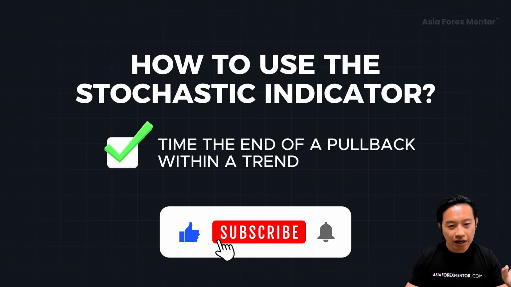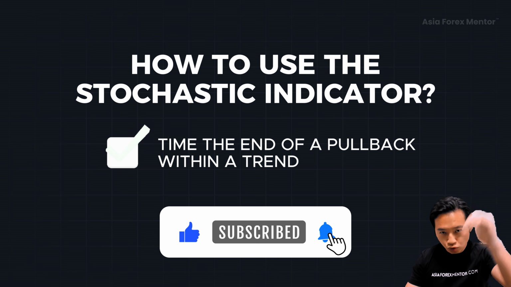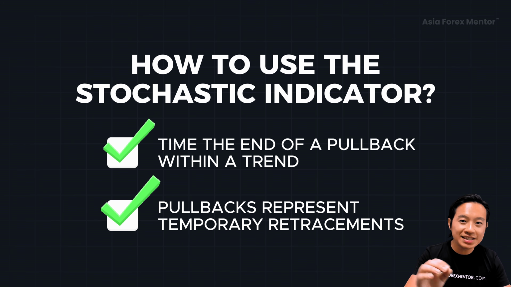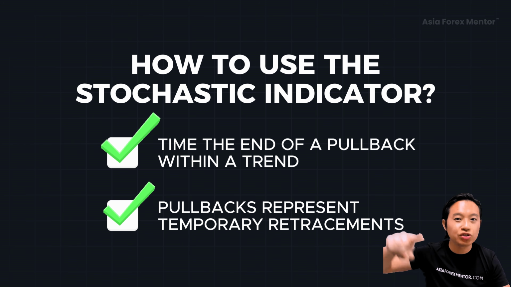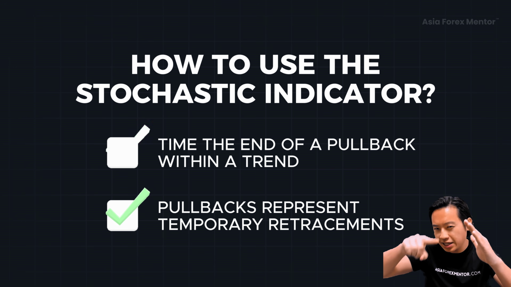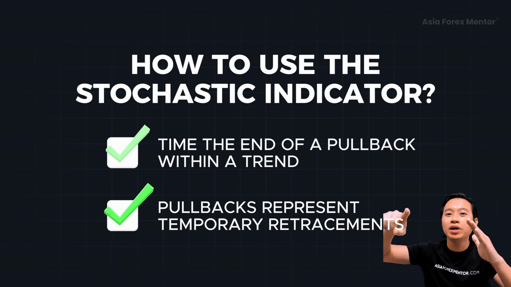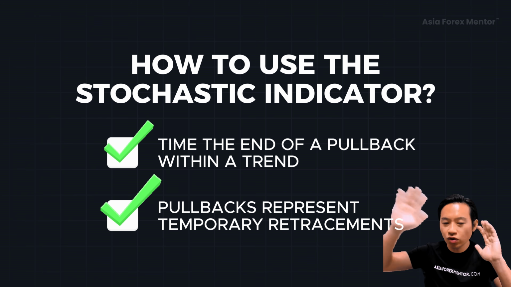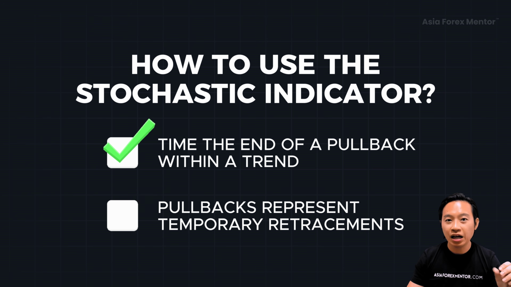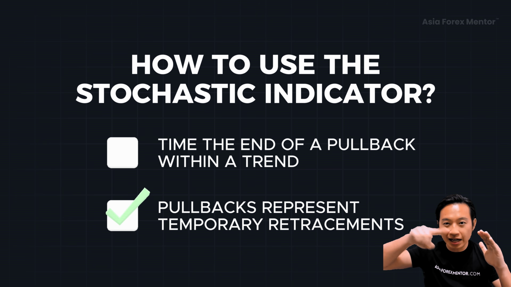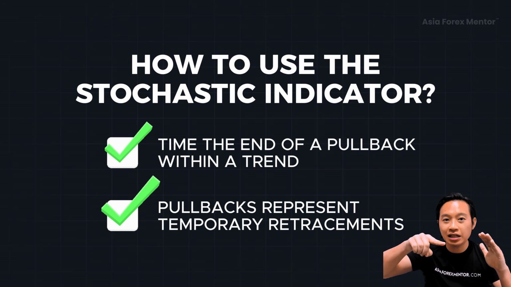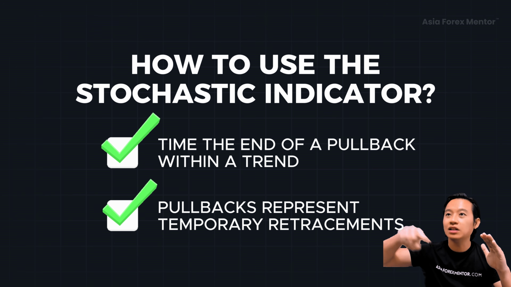In trending markets, pullbacks happen, and pullbacks represent a temporary retracement where price moves against the prevailing trend before resuming in its original direction. The stochastic indicator can help to identify when these pullbacks are likely to end, signaling the best moment to re-enter the market along with the trend.